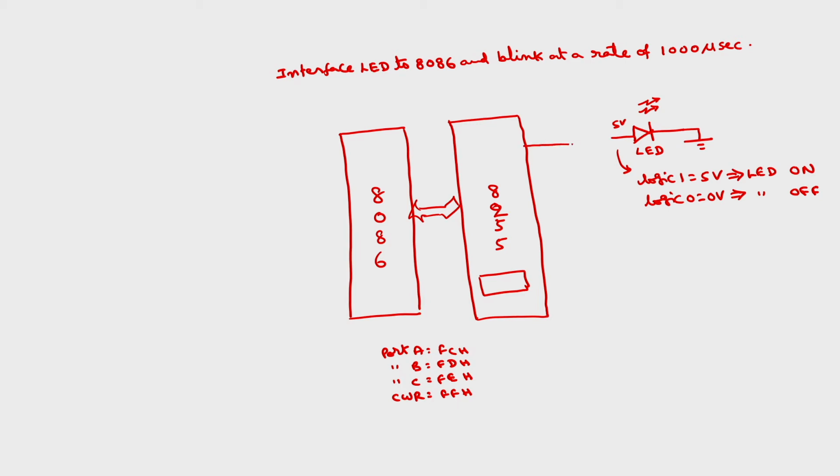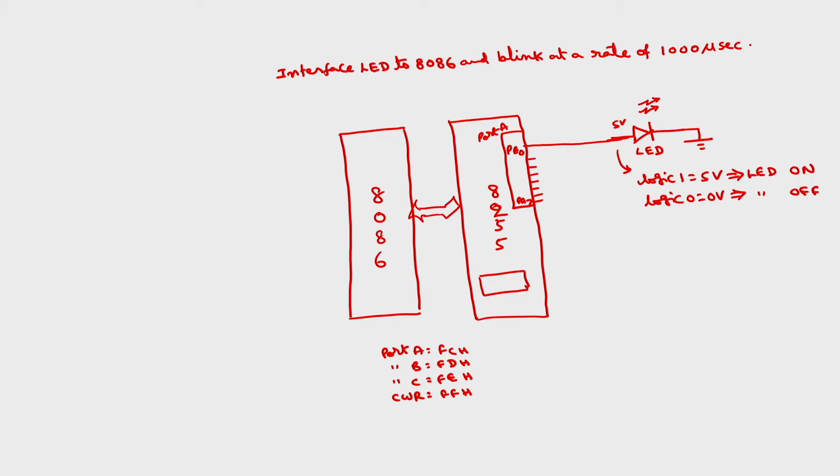Suppose I want to connect this to PA0 of port A. I have this entire port A, in which we have PA0 to PA1, PA2, PA3, PA4, PA5, PA6, PA7. But only one port pin will be enough, so I connected PA0. I am not using port B and port C, I have not shown them here. You can use a pin of port B as well as port C also.